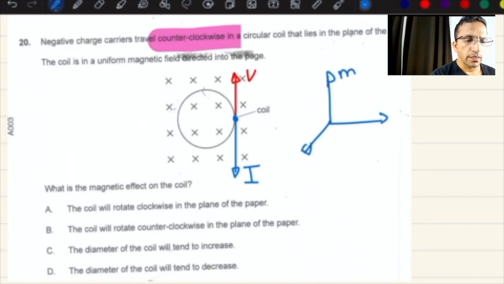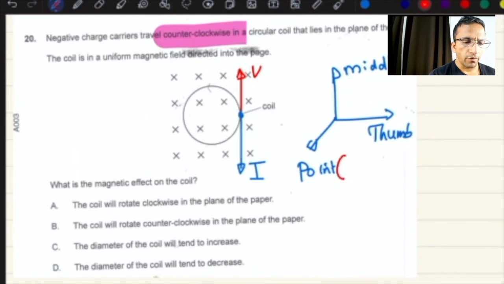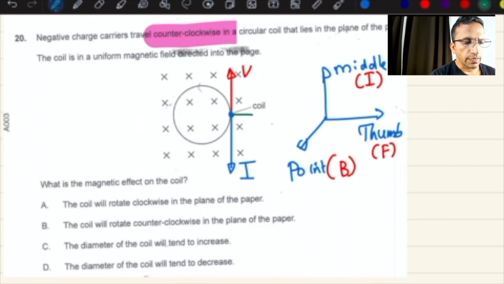If you place your middle finger, thumb and pointer finger perpendicular to each other, where the pointer finger represents magnetic field and the middle finger represents current, the thumb will give you the direction of force. So use that concept here. Using your left hand, you will understand there's a force on this wire to the right.